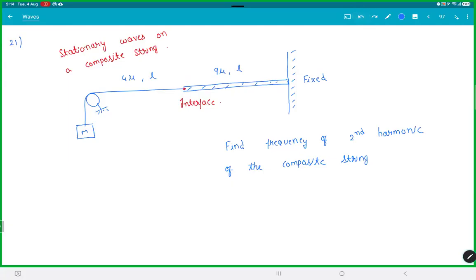The only way you can generate stationary waves on a composite string is if that interface becomes a node. Or else you'll always get a transmitted and a reflected wave that's going to mess up the whole structure. Once you figure that part out, then it is done. You can treat both of them as two different sonometers. So for stationary waves on a composite string, the interface must be a node.